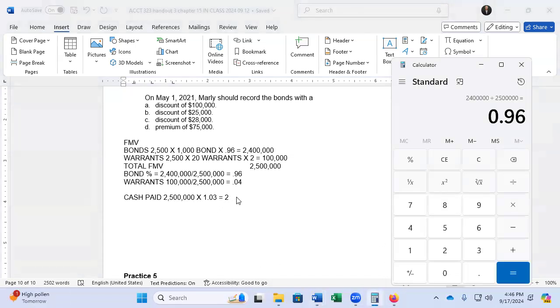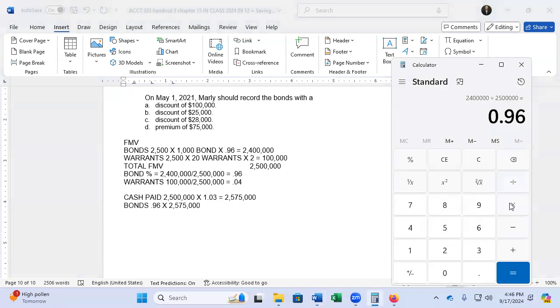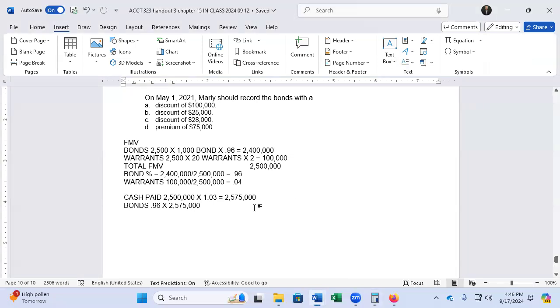Oh, that's not right. 2,575. So 0.96 times for the bonds. $2,575. $2,472.